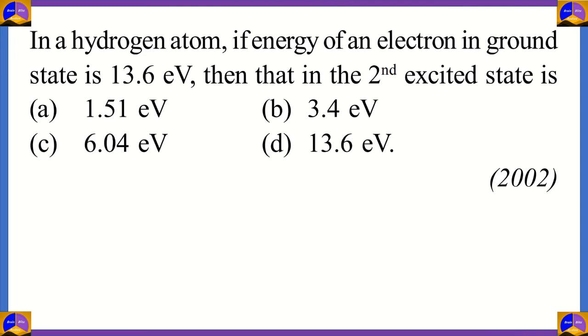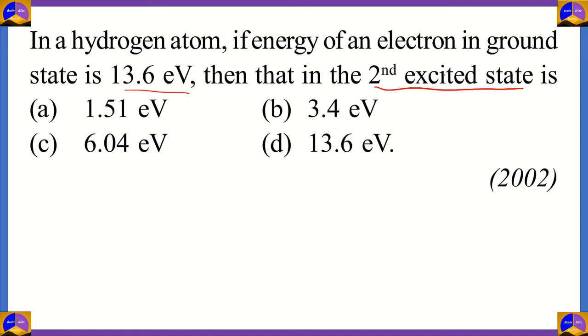Now, let's look at this question. In a hydrogen atom, if the energy of an electron in ground state is -13.6 electron volts, then the energy of its second excited state is 1.51, 3.4, 6.04, or 13.6. So how do we find out the energy of the second excited state?